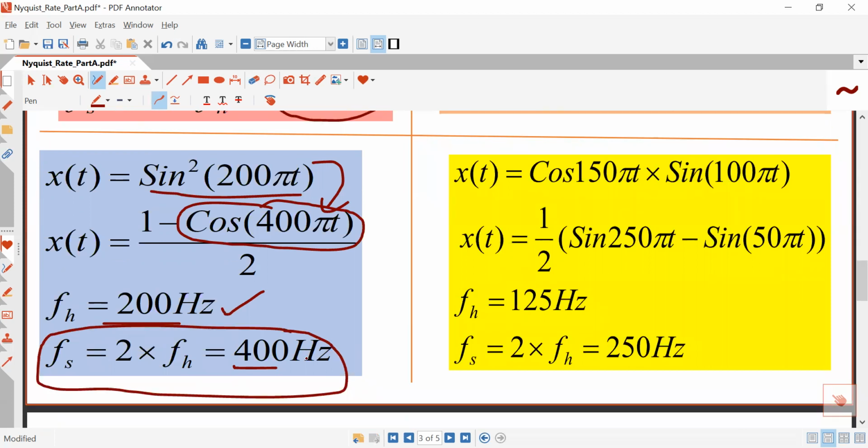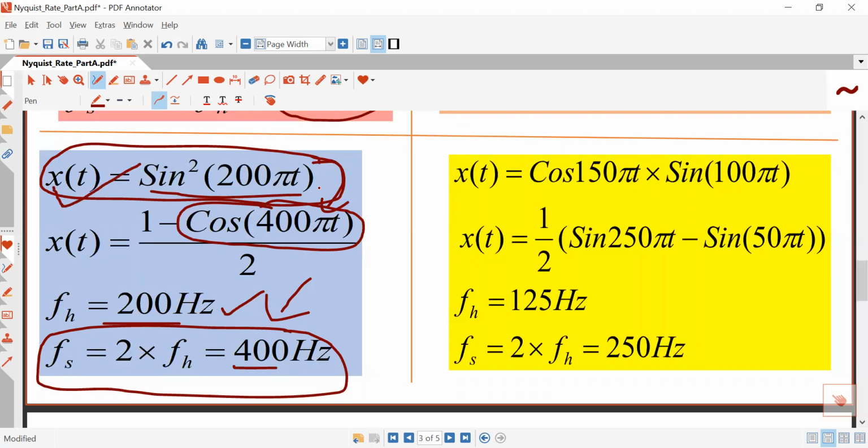It means if you sample x(t) equal to sine square 200 pi t, which is an analog signal, with this sampling frequency, then you will get a discrete time signal. And from this discrete time signal, you can reconstruct the original signal x(t).